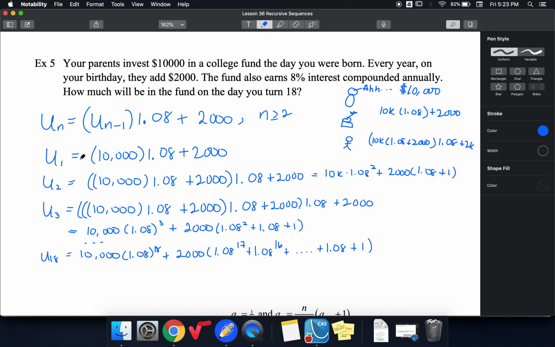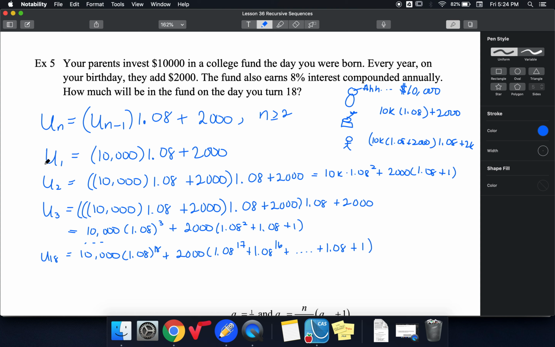At the end of the first year, the day that you turn 1, that initial investment earned its 1.08. It earned its 8% interest, and there's 100% of it still there, and your parents added 2,000. At the end of that year, we earn our interest and we add 2,000. So this is my recursive sequence.